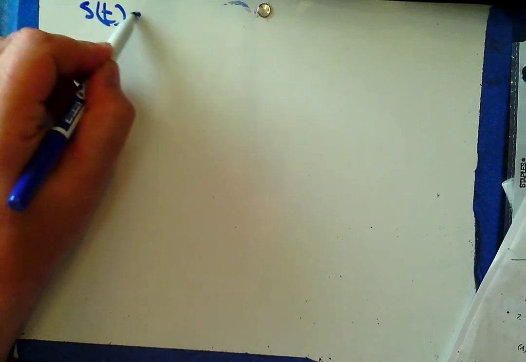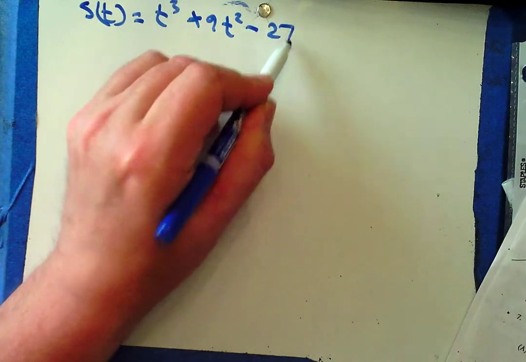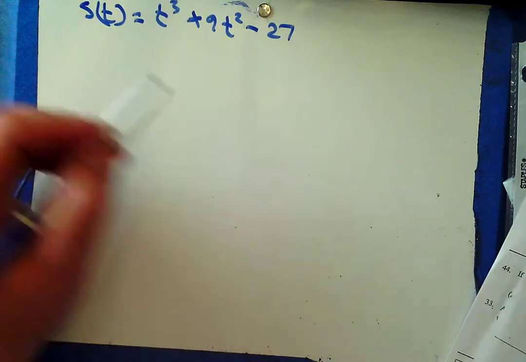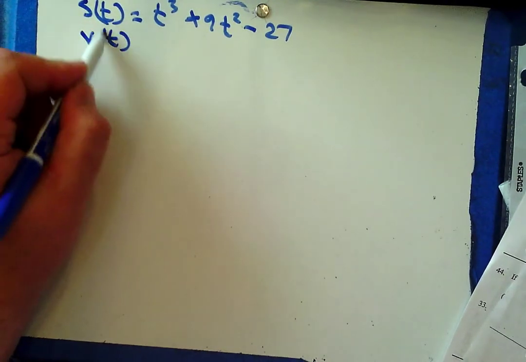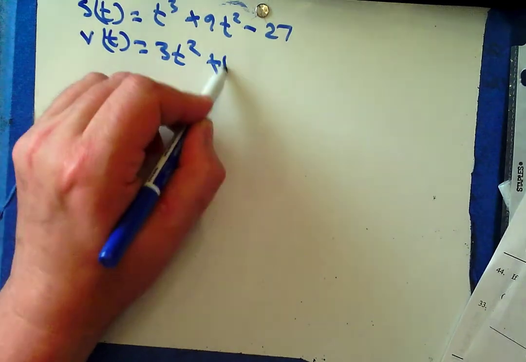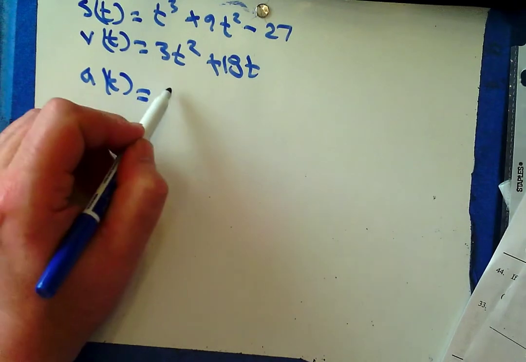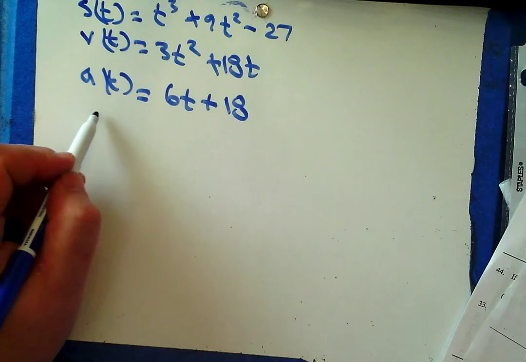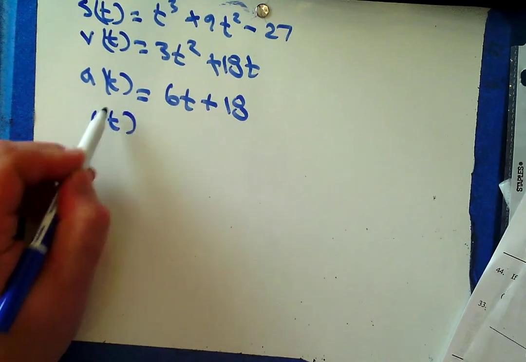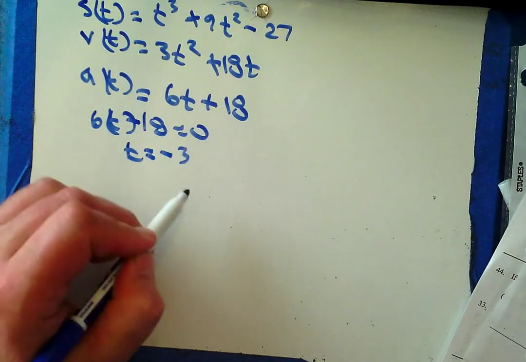Position of a moving particle along a straight line is given by s of t equals t to the third plus 9t squared minus 27. Velocity at the time when acceleration is 0. So I need to find acceleration. So v of t is 3t squared plus 18t, and acceleration is 6t plus 18, and acceleration equals 0. 6t plus 18 equals 0 when t equals -3.